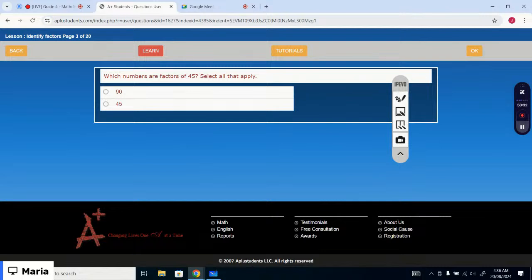Which numbers are factors of 42? Which is the correct option? Which is the correct option?